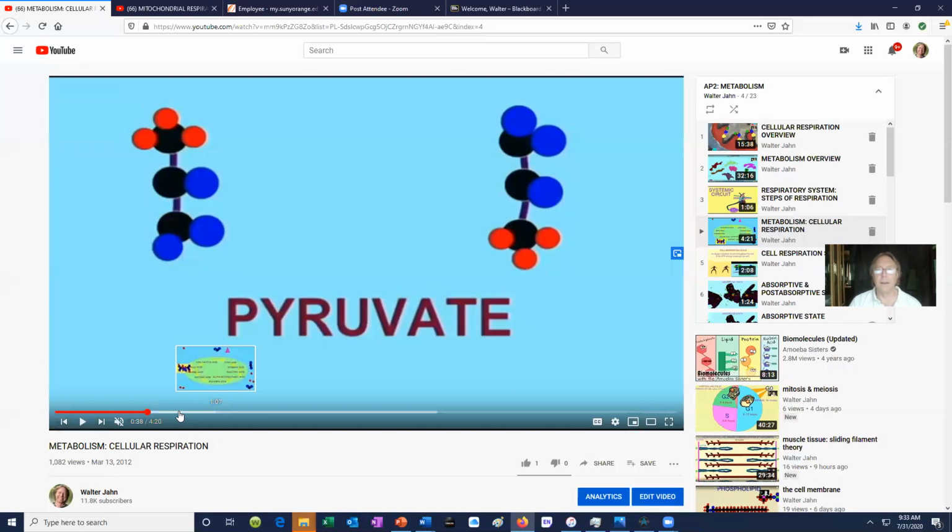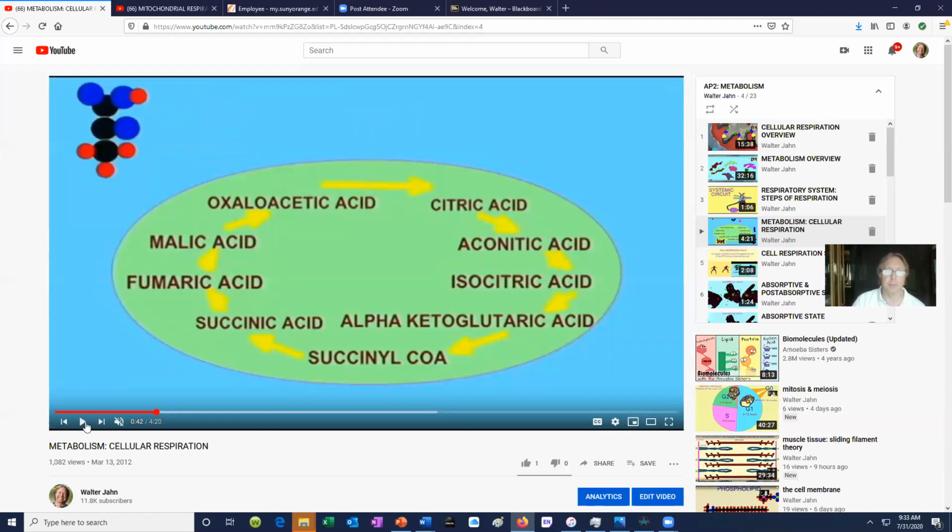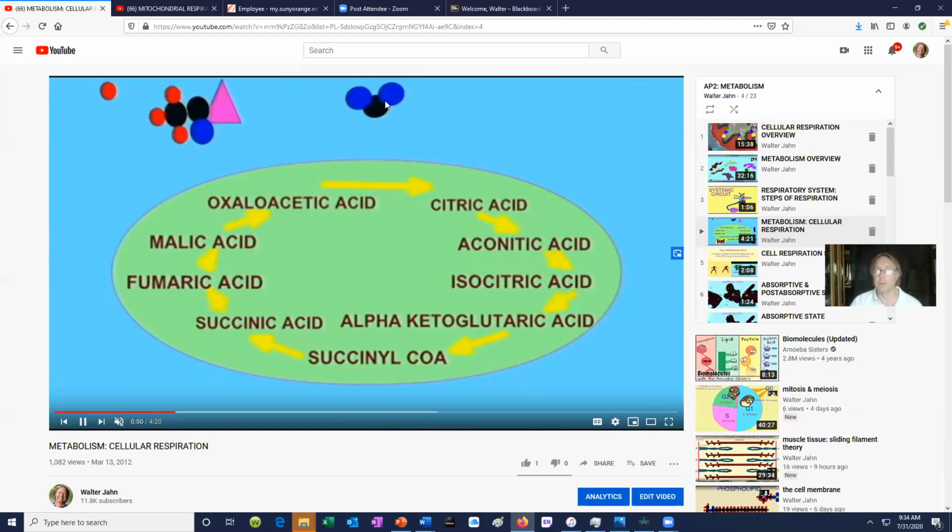Here we are in the Krebs cycle. So notice that this carbon, the black dots, came from whatever food you ate, like the French fry or the potato chip. And what happens in a Krebs cycle is, this could be a really long story, but the really short story is it gets converted to carbon dioxide. So notice that this came from sugar, but now look, this one carbon, that's a carbon dioxide.